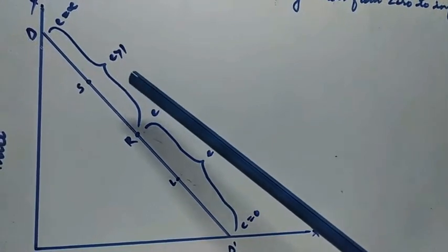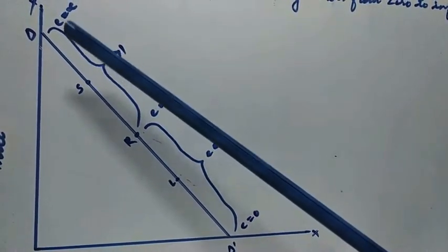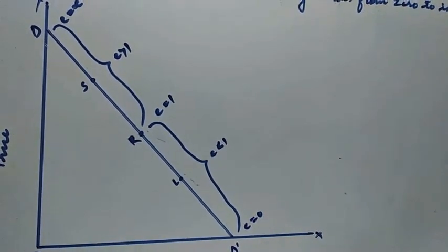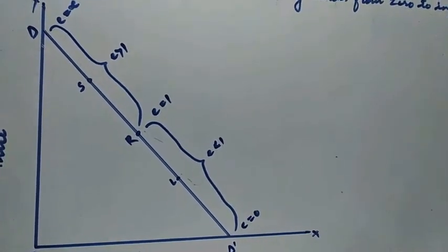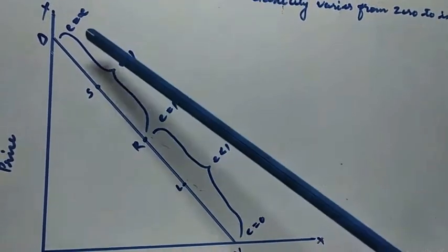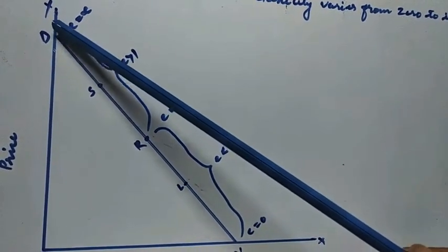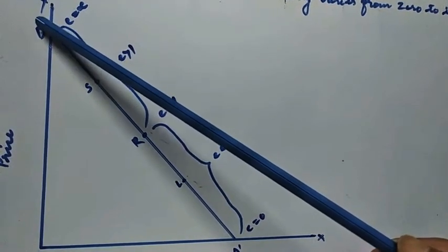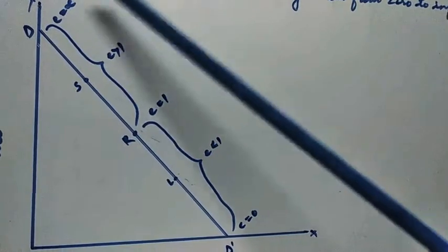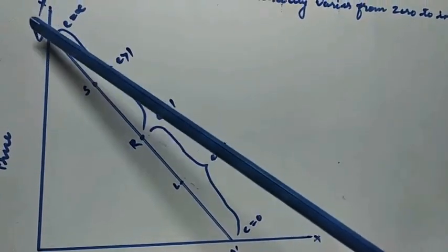Therefore, as we move towards D on the demand curve, the price elasticity will be increasing. And at point D, the lower segment will be equal to the whole DD dash, and there is no upper segment.